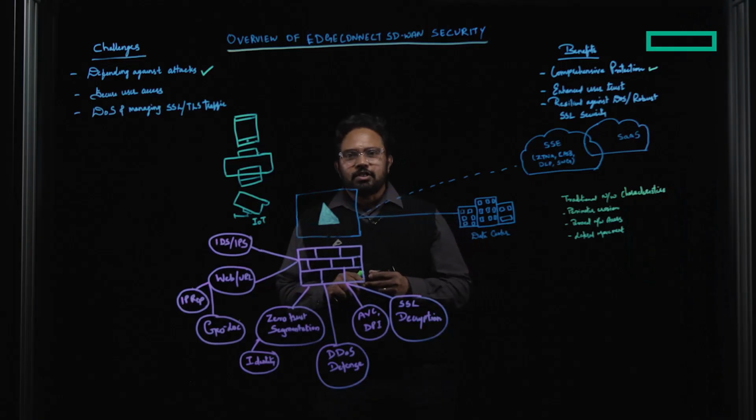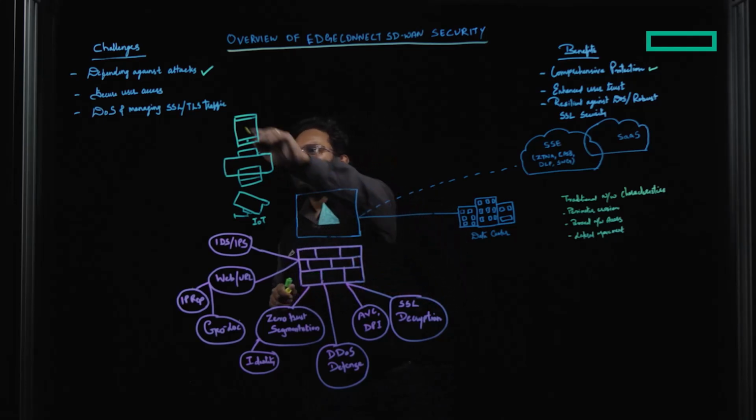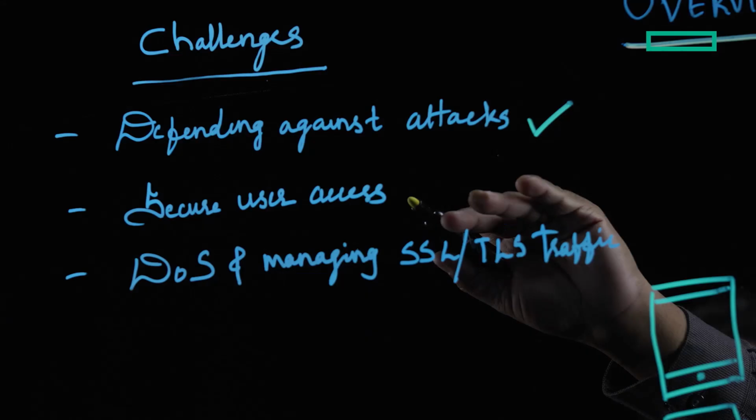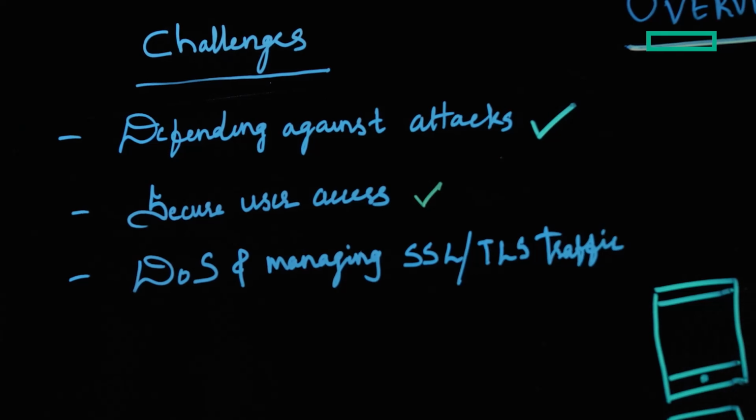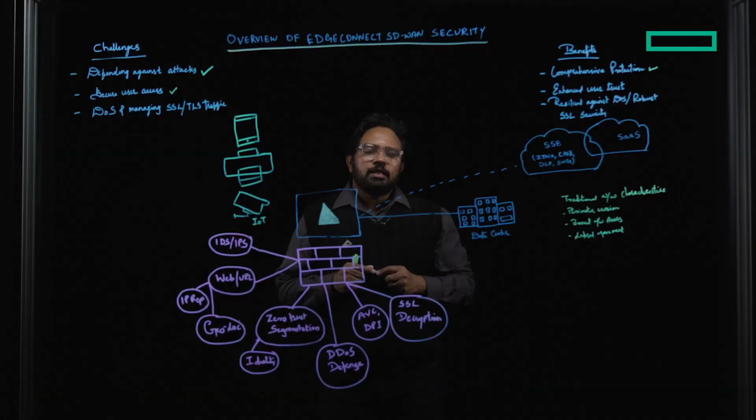Moving on to our second challenge, which is ensuring secure and seamless access for the users into the zero trust environment. If you look at the traditional network, it trusted all the users that got access into it. EdgeConnect obtains identity information for users in different ways.